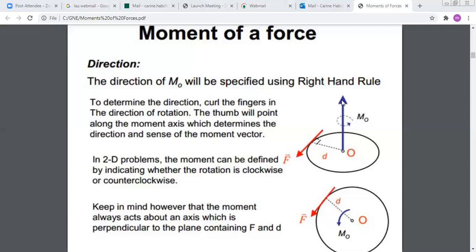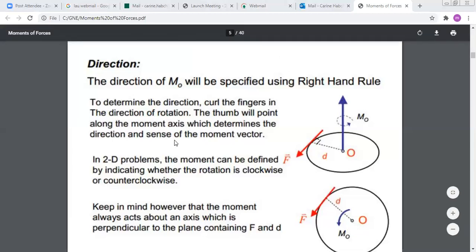Now, in a 2D problem, the moment can be defined just by indicating whether the rotation is clockwise or counterclockwise.